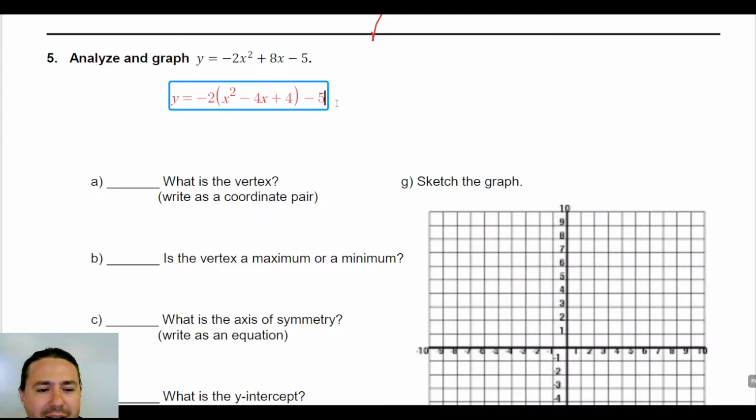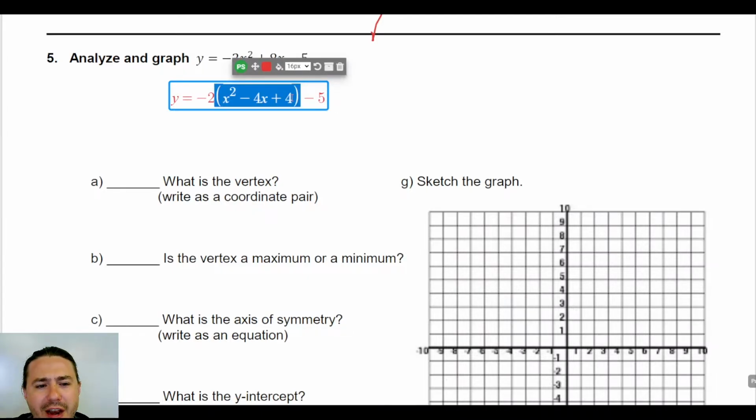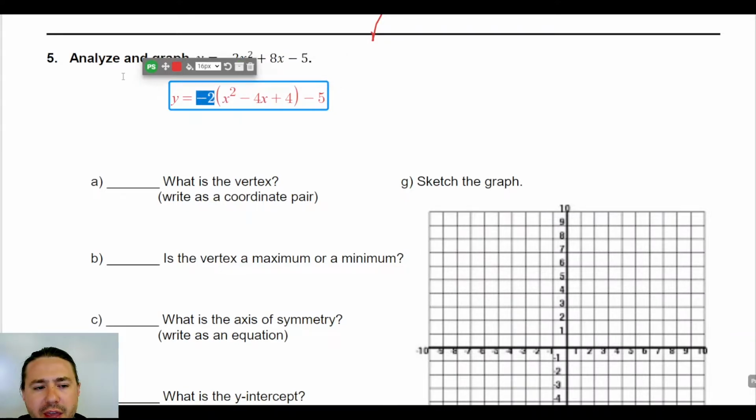But we want to be careful, because I'm not actually adding 4 here since we've got this negative 2 hanging out. What I'm really adding is a negative 8. So to balance that out, I actually need to add 8. Okay, so if I add 8 and subtract 8, all is still well, all is good in the world.